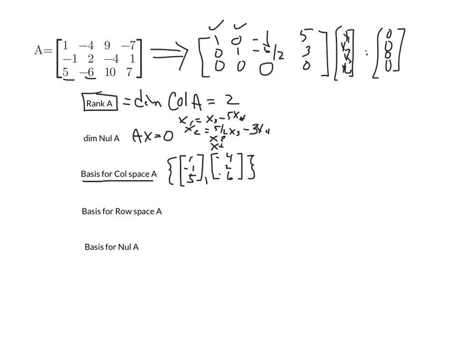So all vectors of the form x3 minus 5x4, 5 halves x3 minus 3x4, x3 and x4.